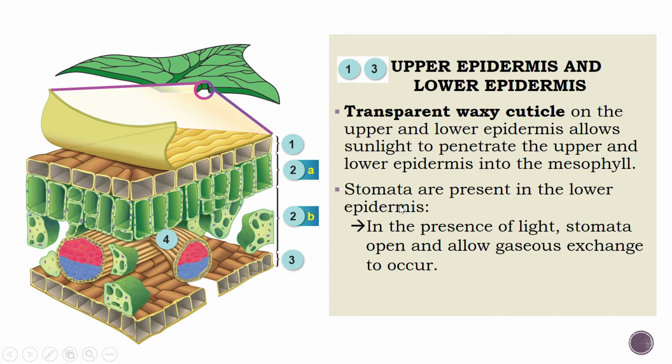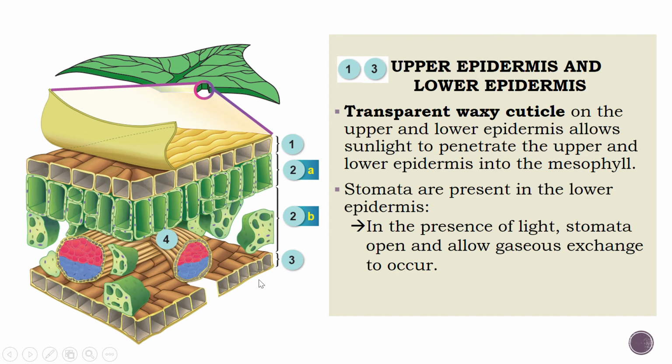Okay, so in the presence of light, dengan kehadiran cahaya, stomata open. Remember the guard cells, masa dia segar dia akan buka. Okay, the guard cells segar, then this stoma ataupun the lubang akan terbuka.